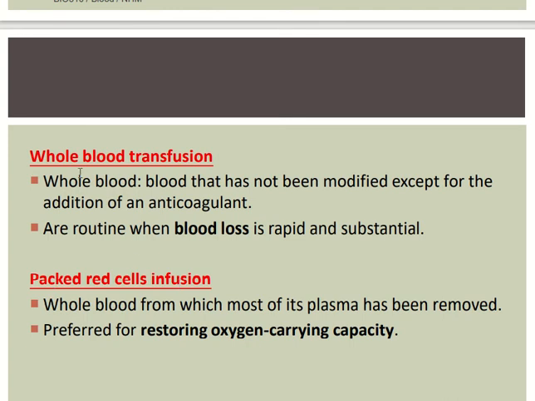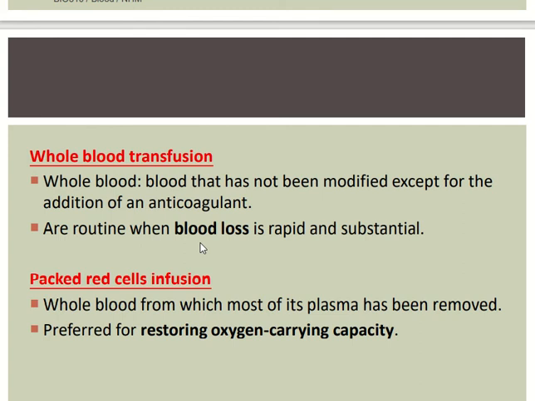Whole blood transfusion, based on its name, refers to the transfusion of whole blood that has not been modified except for the addition of an anticoagulant. An anticoagulant is a substance that helps prevent the blood from coagulating, usually such as heparin and also, if I'm not mistaken, vitamin K. Whole blood transfusions are routine when blood loss happens very rapidly and substantially.